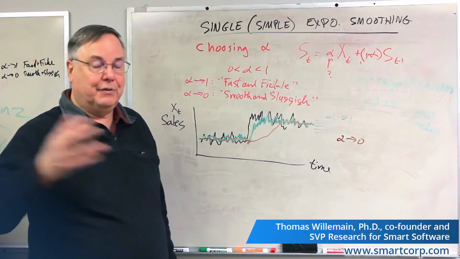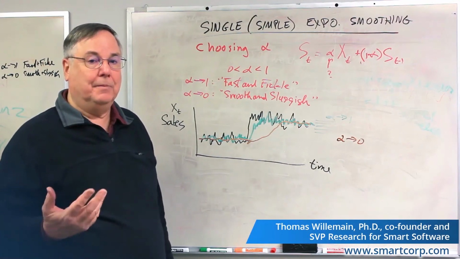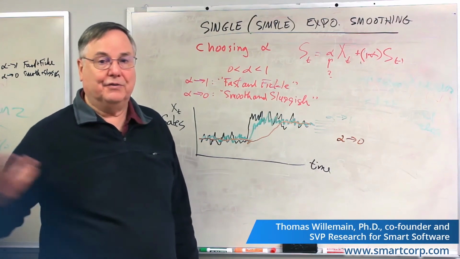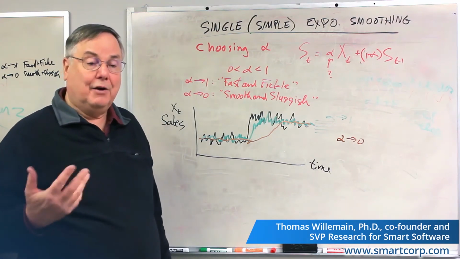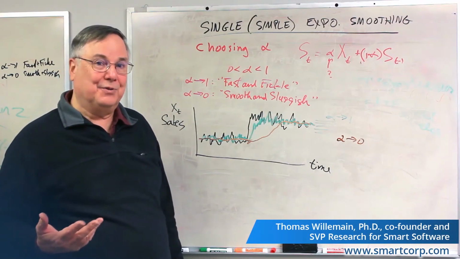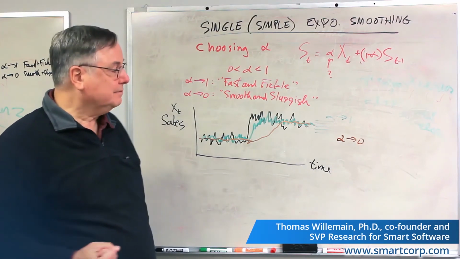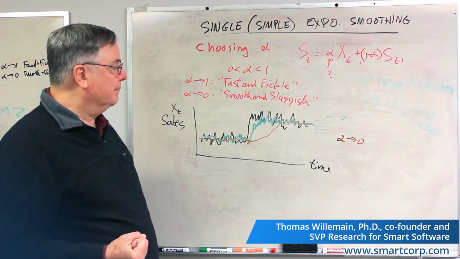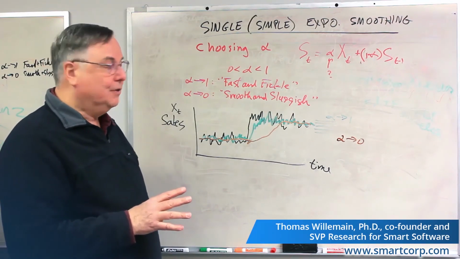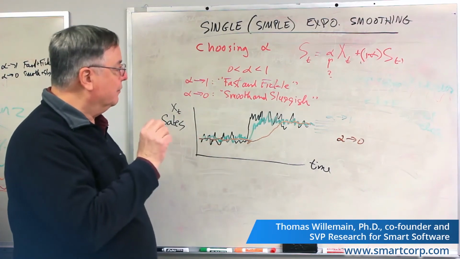So if you have 1,000 items, you'll find some at the end of the calculations which have very low alphas, some middle and some high. And that alpha is actually a kind of summary of how volatile the demand is for each of those SKUs. So that's the inherent trade-off between fickle and fast or sluggish and smooth.